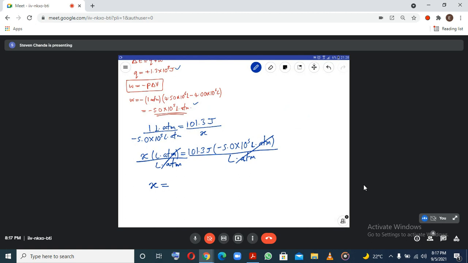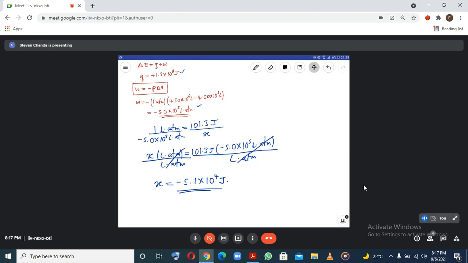negative 5.1 times 10 to the power 7 joules. Then you can now get this and add.